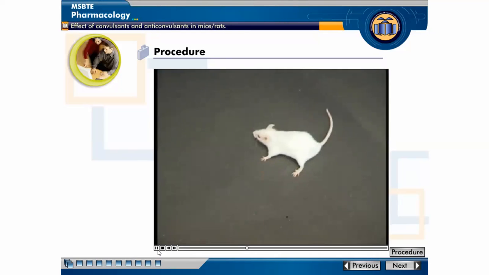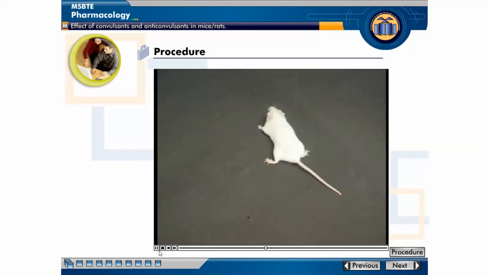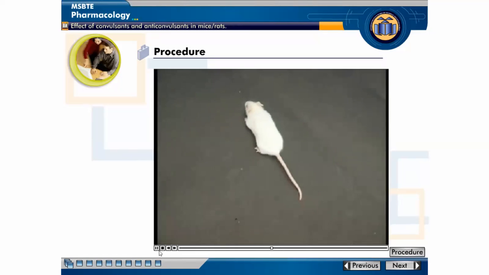You can see that strychnine induces clonic convulsions characterized by Straub's tail, that is, S-type erection of the tail, and jerky movements of the whole body.